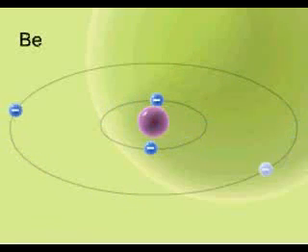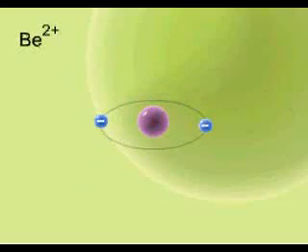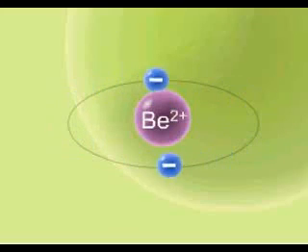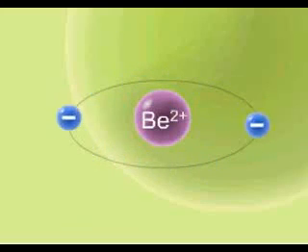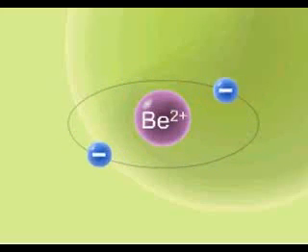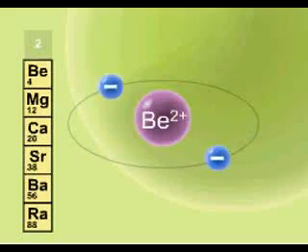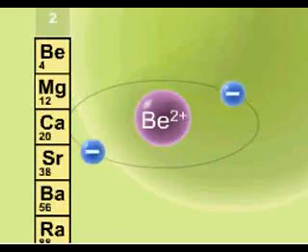On losing its 2 valence electrons, beryllium becomes a very small cation. The considerable charge of the beryllium 2+ ion, concentrated within a small space, is the reason for the unusual properties of beryllium and its compounds compared to other group 2 elements.